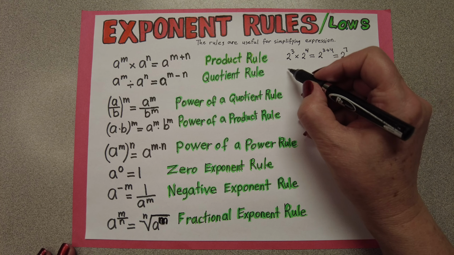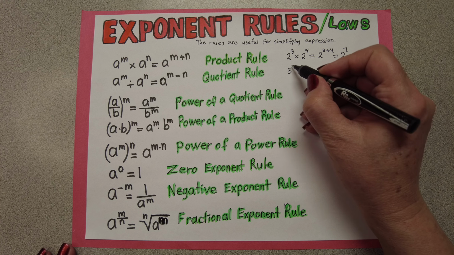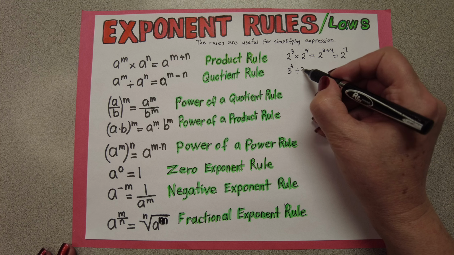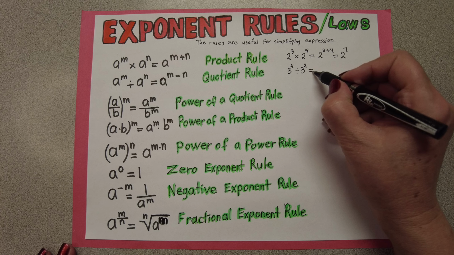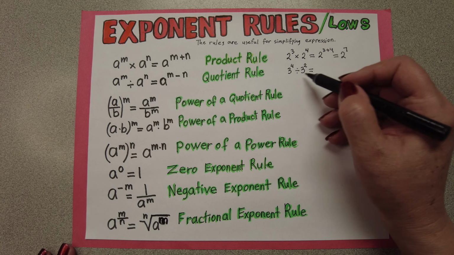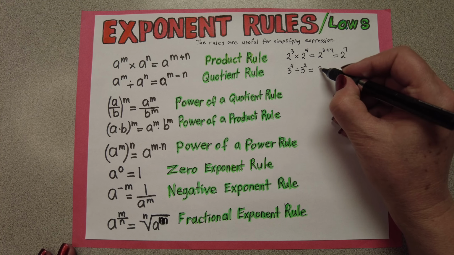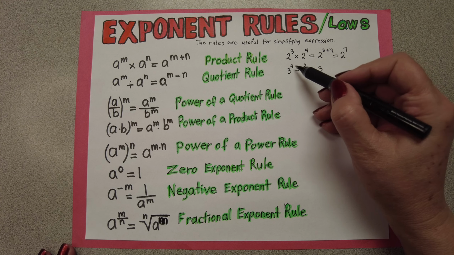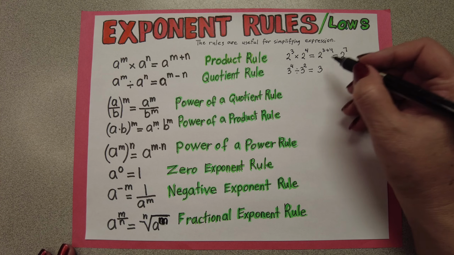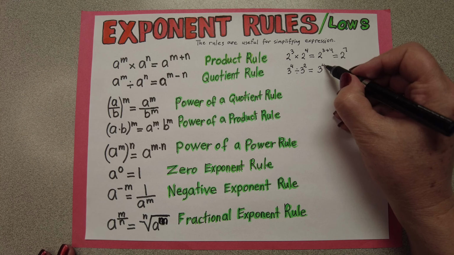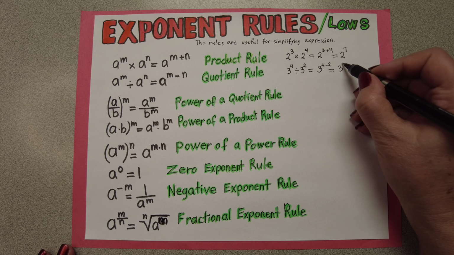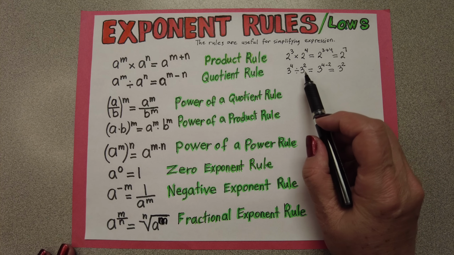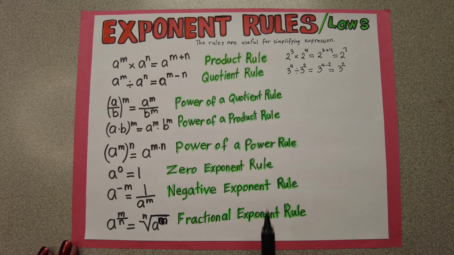Let's do it with numbers. 3 to the power of 4 divided by 3 to the power of 2 equals, in this case also, we write the base just one time, 3, and subtract the exponents, 4 minus 2, which is equal to 3 squared. This rule we call the quotient rule.